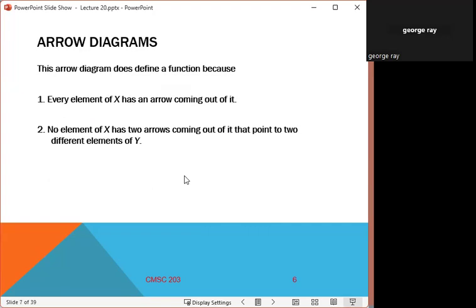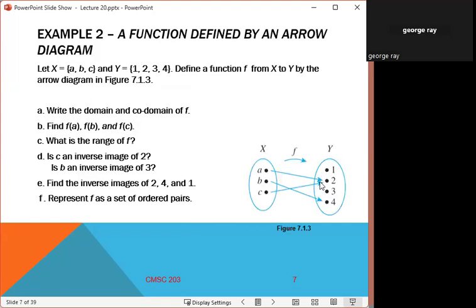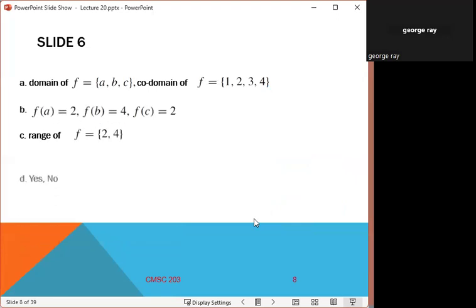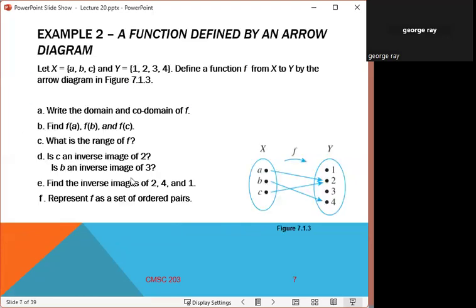So those are the actual values in y that are participating in the function, 2 and 4. Then, is c an inverse image of 2? Yes, it is an inverse image of 2. And is b an inverse image of 3?